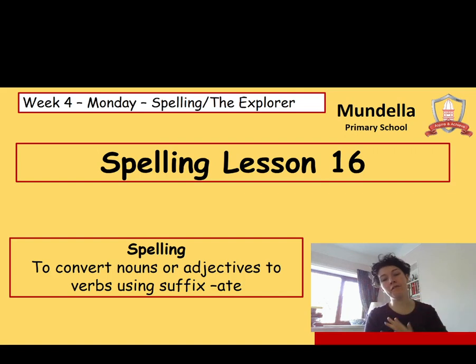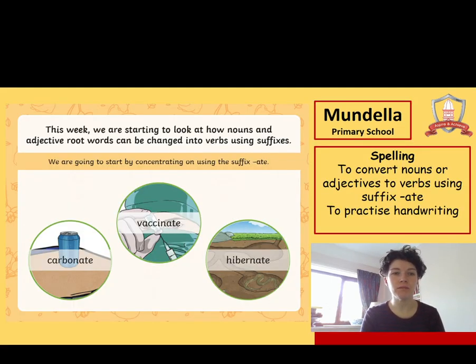And the suffix is a group of letters that goes onto the end of the word. And in this case, it's going to change the word group to a verb. Okay, so let's see what we've got today. Right, so it's the sort of words like carbonate.